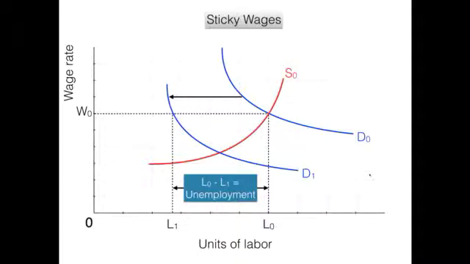Some of them might say no and get laid off. Some of them, after working through their options, might accept it, but it would take them a little bit of time to accept that lower wage rate. The fact that the wages are sticky themselves means that we are not going to move from one equilibrium to another relatively quickly, and because wages don't adjust downward, some unemployment is going to occur when the demand for labor decreases.